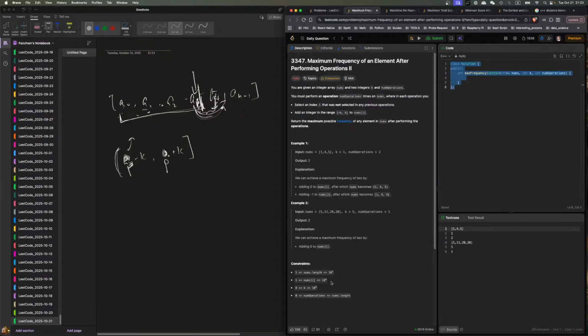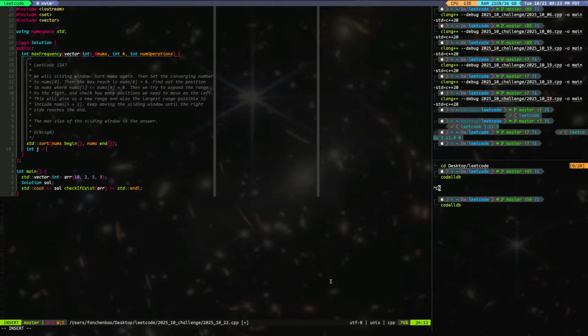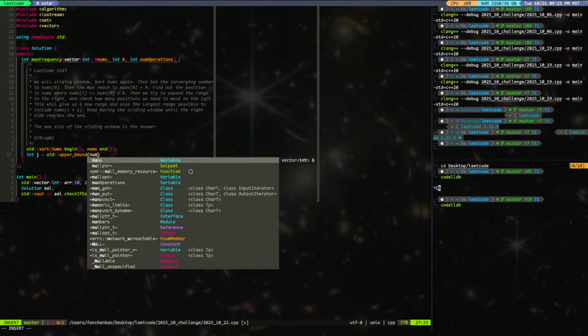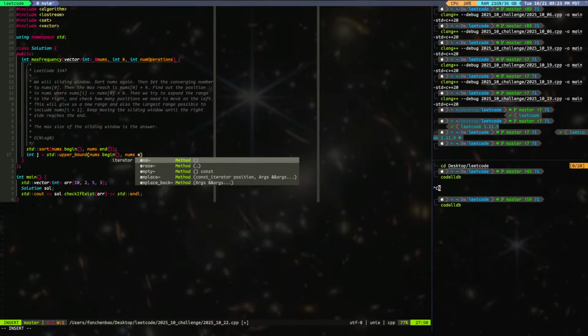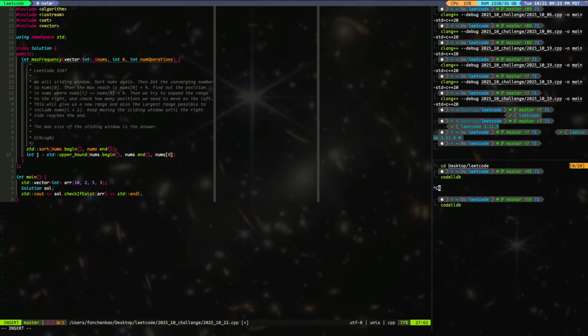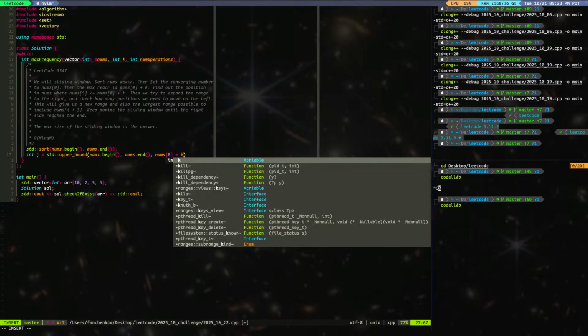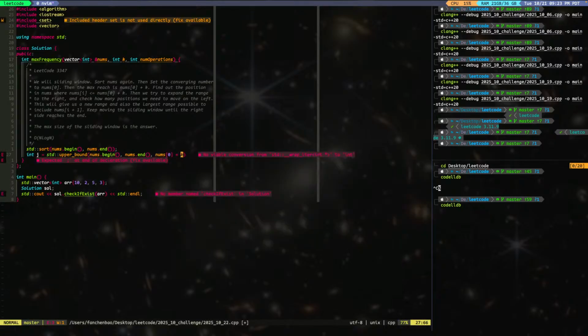That's still within range though, so it's fine. So j shall equal to upper bound, right? nums.begin, nums.end, nums 0 plus k. Right, that's an iterator.